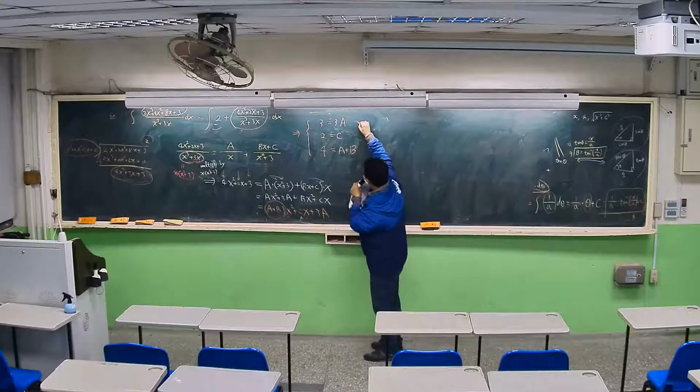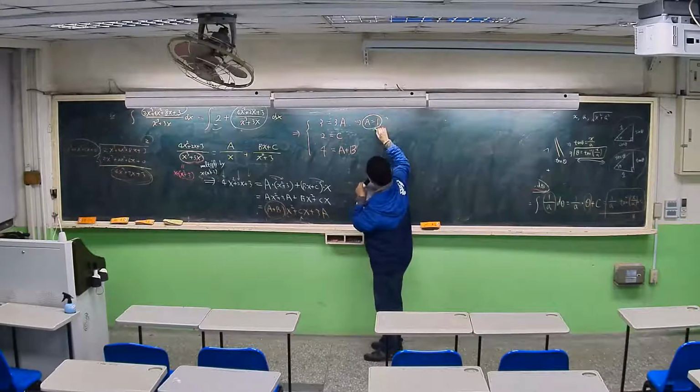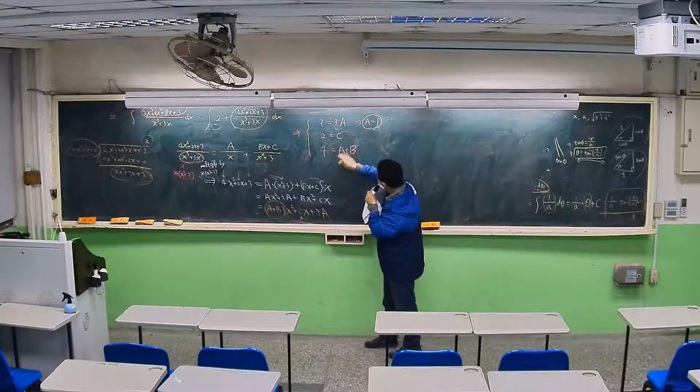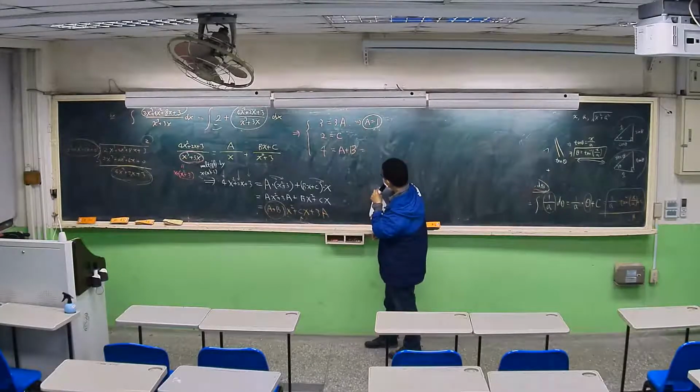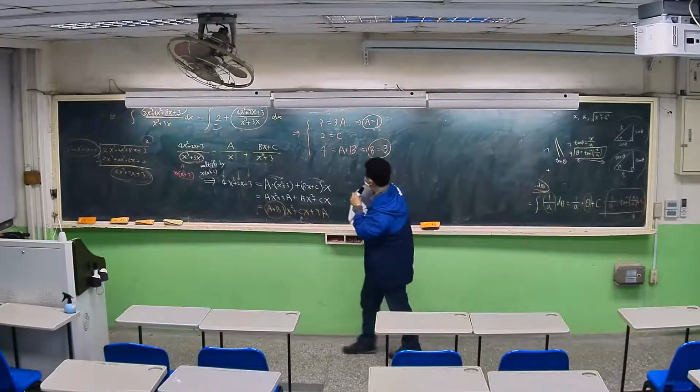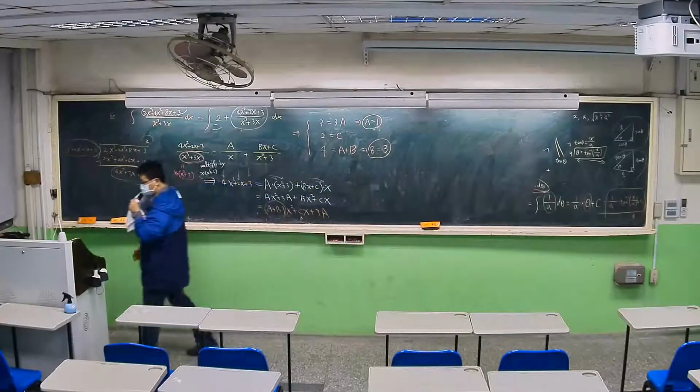So here we could get capital A equals 1 and C equals 2, and plugging in A, you could get B equals 4 subtract A, so it's 3.